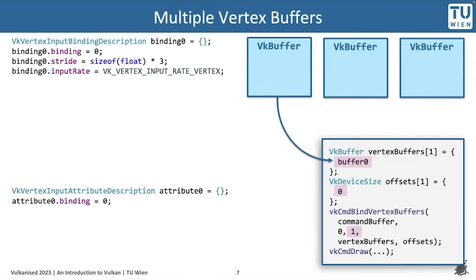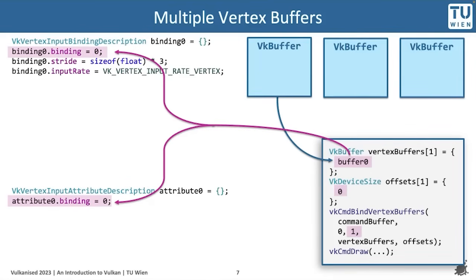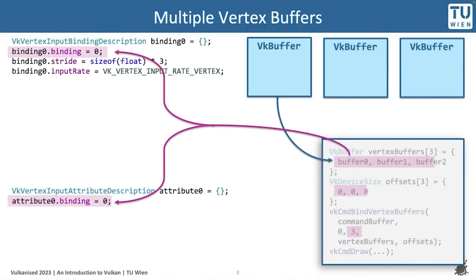And we specified a 1 here because we only had 1 buffer. So the binding ID here in the struct refers to the position in this vertex buffer array. And the index starts with 0, therefore binding is 0 in this case.